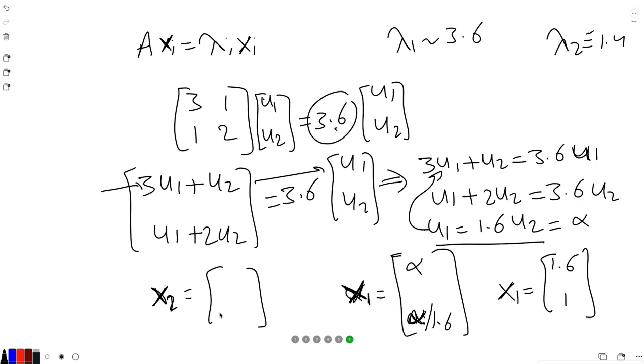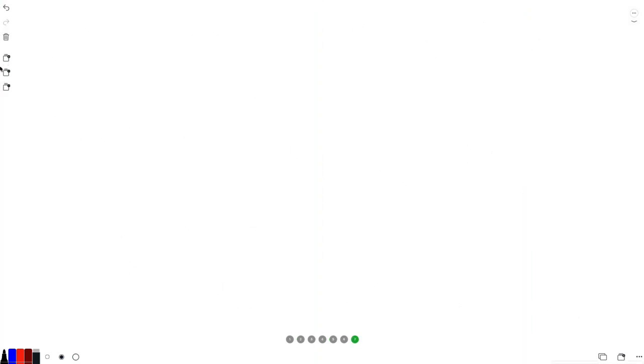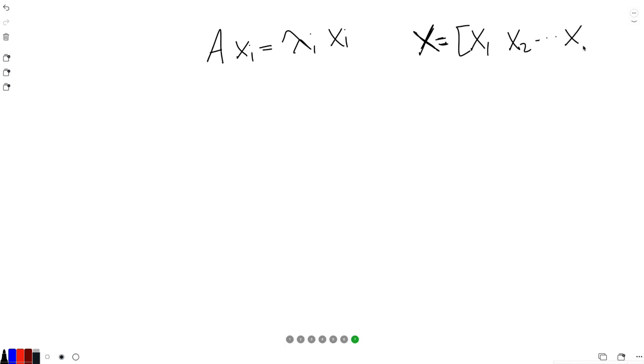Now I will finish this session by extending this result that we have found. We said that A times eigenvector xi gives you lambda i times xi. What if we collect all eigenvectors in one matrix? Let us define X capital as a matrix with x1, x2 up to xn.